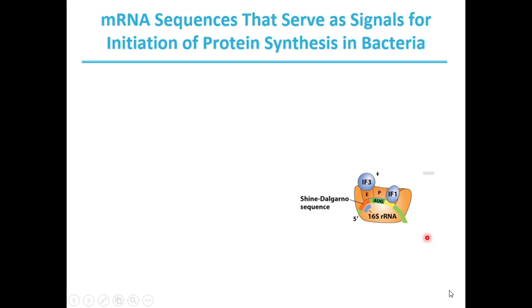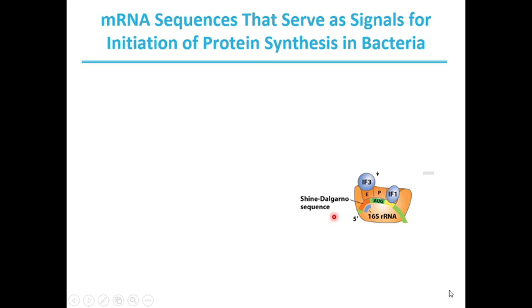As I said before, S stands for sedimentation coefficient and it's not additive. When the mRNA binds the 30S ribosome subunit, the AUG codon is guided to its correct position by a sequence named the Shine-Dalgarno sequence.